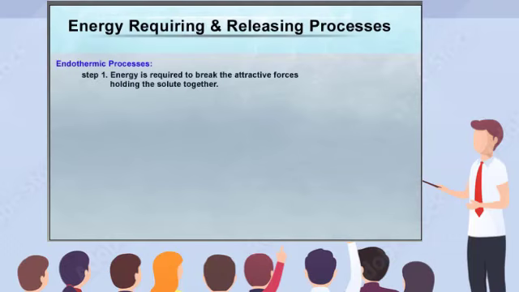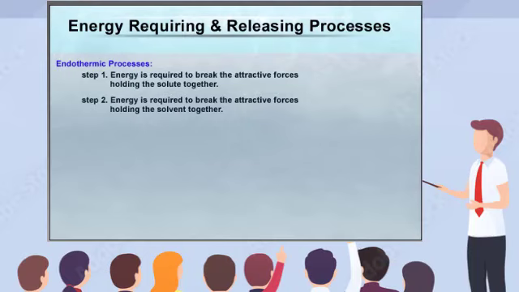In step 1, energy is required to break the attractive forces holding the solute together. Energy is also required in step 2 to break the attractive forces within the solvent, which provides space for the solute.